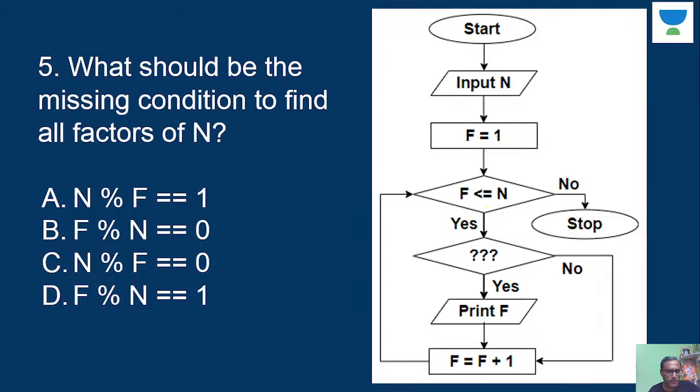If f is a factor of n, then n modulo f is equal to 0. Then you can say that f is a factor of n.